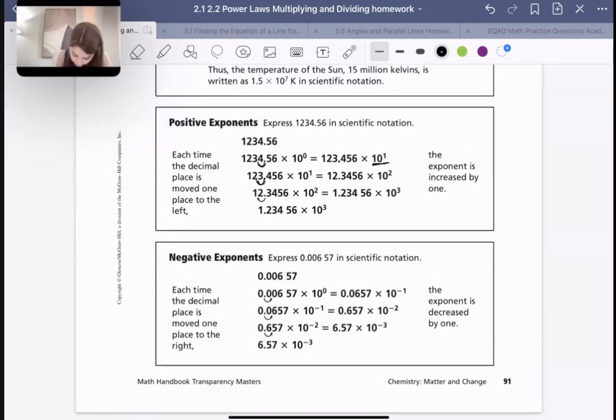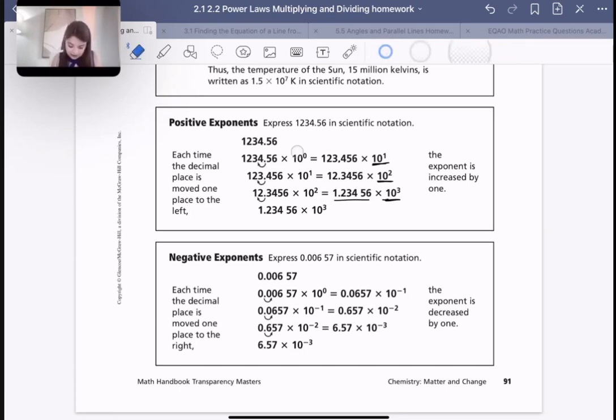They go over here again, they multiply by 10 again and get 10 squared this time. And then they do it again, and now they multiply by 10 a third time. And so the exponent is increased by 1, because we're essentially multiplying by 10 again. Every single time we move it to the left, we need to multiply it by 10 to counteract that last move to the left. The opposite is true if we have to move to the right.